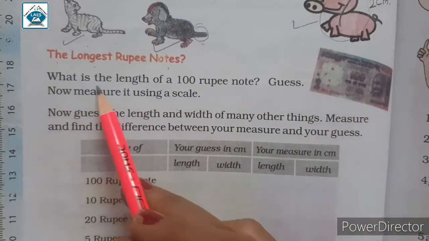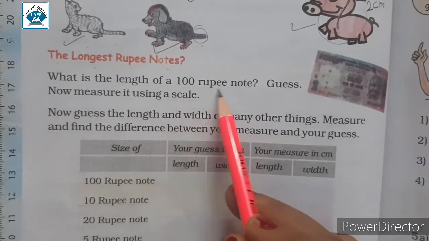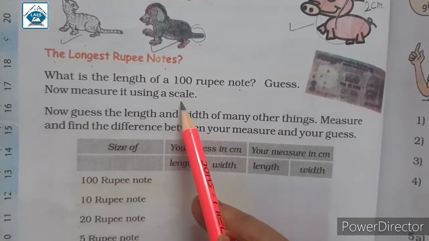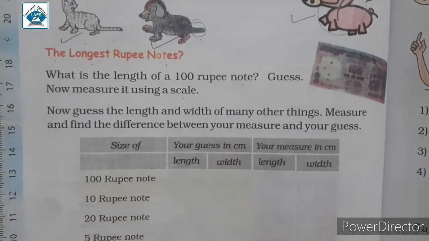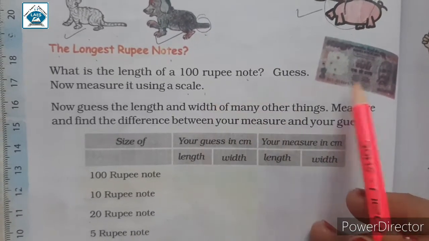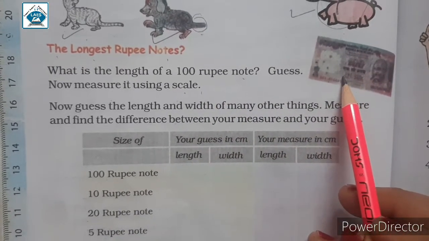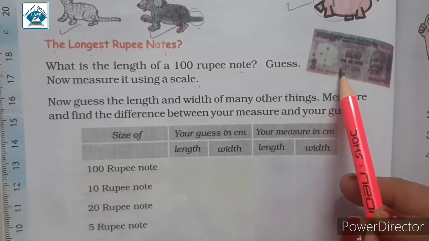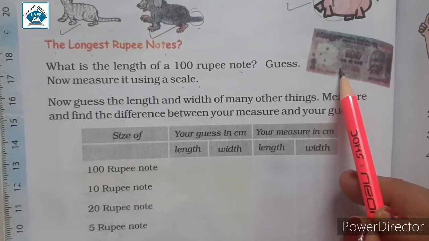What is the length of a 100 rupee note? Guess. Now measure it using a scale. Don't measure this picture of the 100 rupees note. You have to take a new 100 rupees note and measure it.